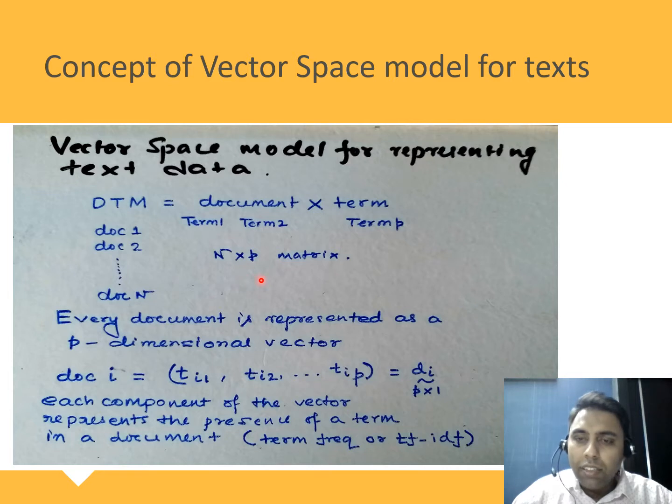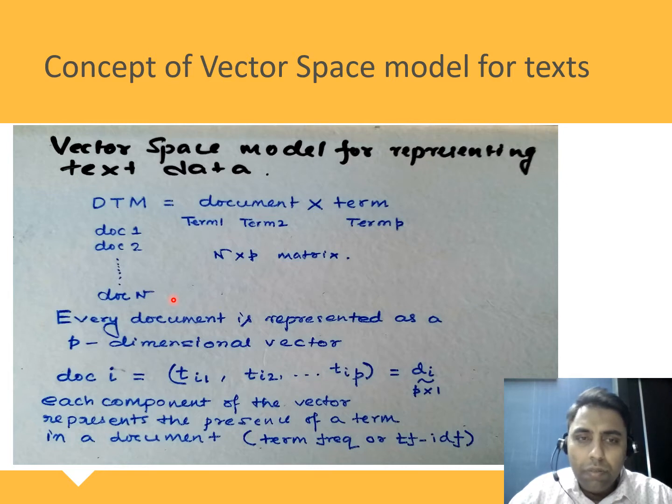And it turns out to be an n cross p matrix, n being the number of documents and p being the unique number of terms. The interpretation of the ijth element of this matrix is the number of times the jth term appears in the ith document.